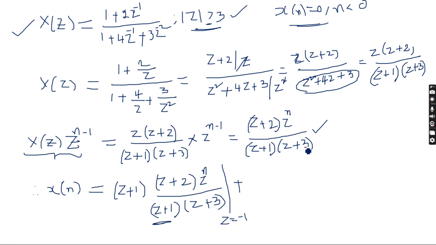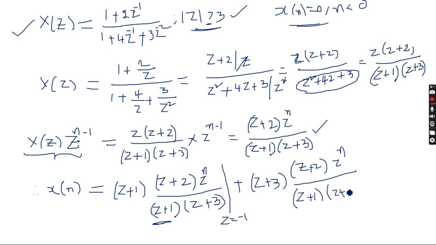The other pole is z plus 3. So that is also multiplied with z plus 3, X of z into z power n minus 1. (z plus 2) into z to the power of n by (z plus 1) into (z plus 3).